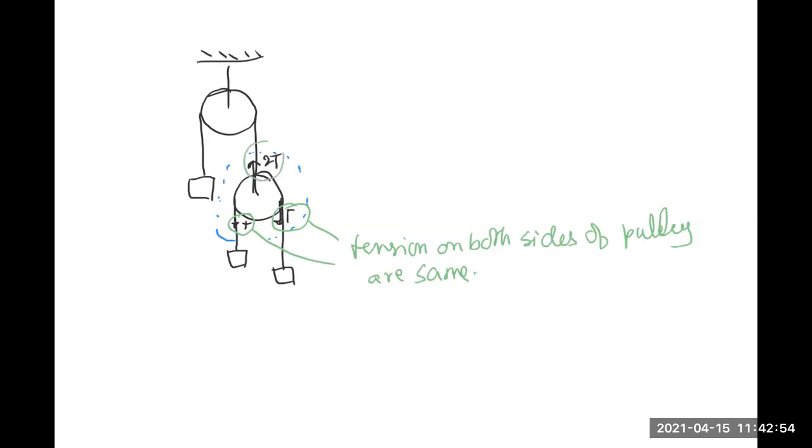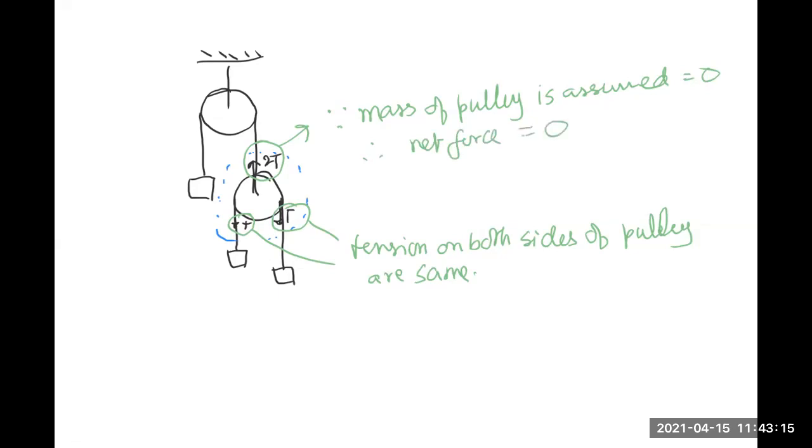And then we have this guy, and this comes from the fact that since the mass of the pulley is assumed to be 0, therefore the net force on the pulley must also be equal to 0. नीचे अगर T और T लगाए तो ऊपर 2T होना चाहिए, right?